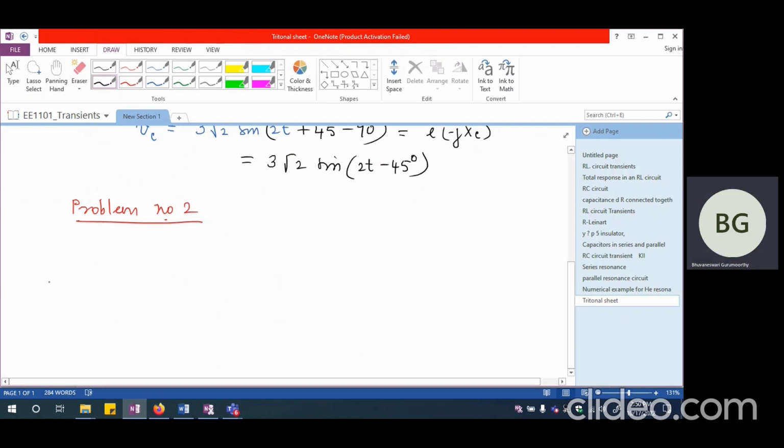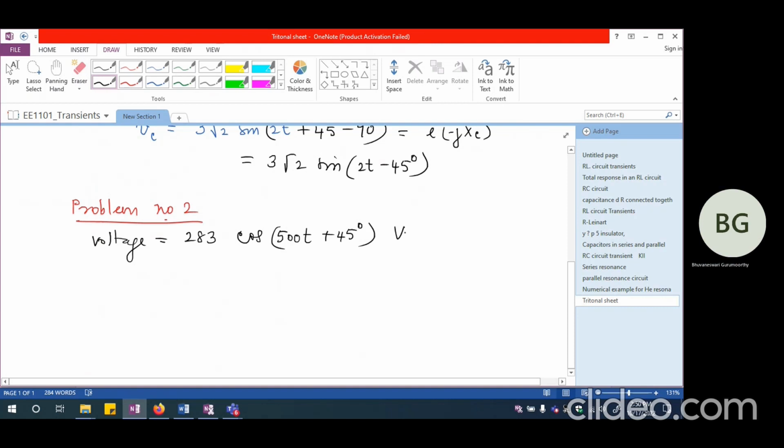So there is a circuit, the voltage is 283 cos of 500t plus 45 degrees, and the current is 7.07 cos of 500t.